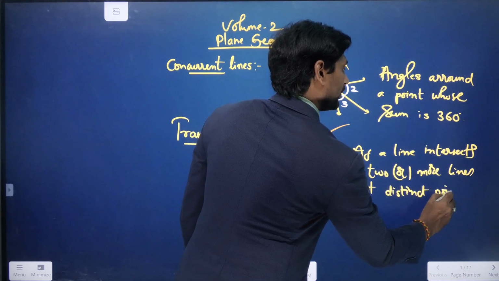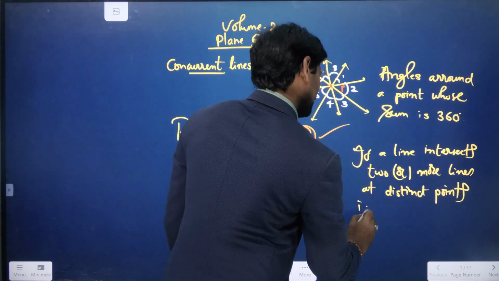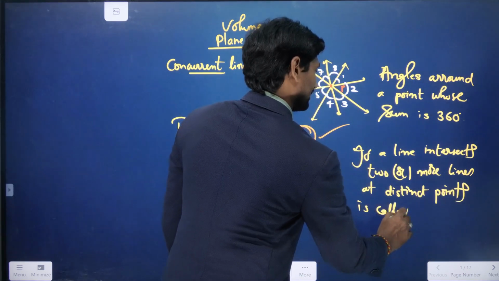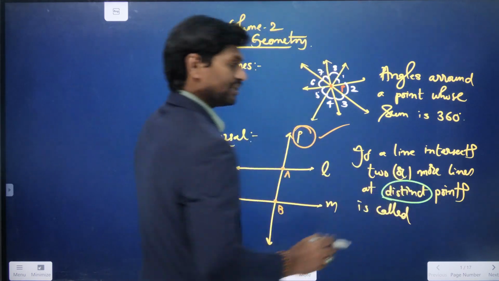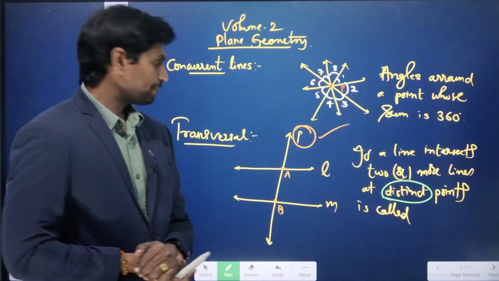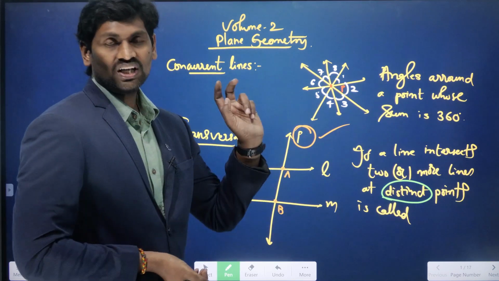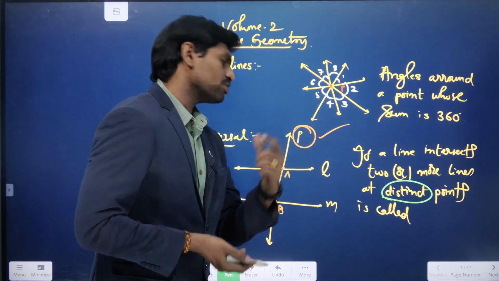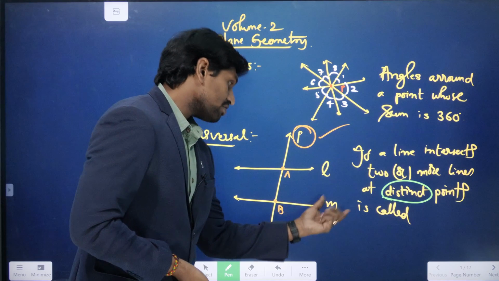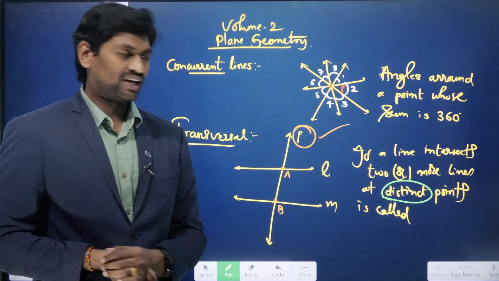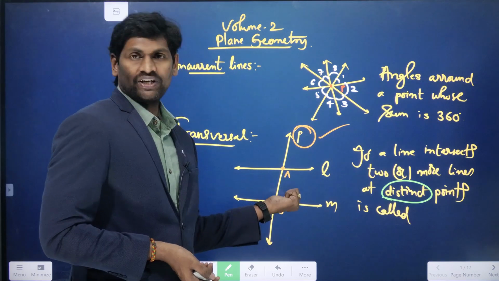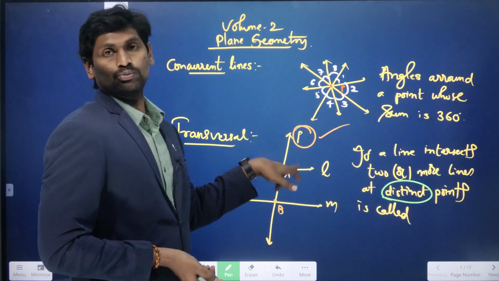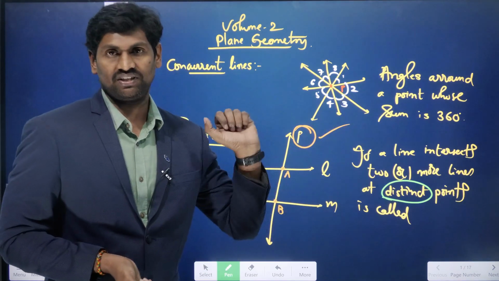Here P is called a transversal line, but L is not a transversal. M is also not a transversal, because L intersects at only one point, M intersects at only one point. But P is intersecting at 2 points. So P is called a transversal line.